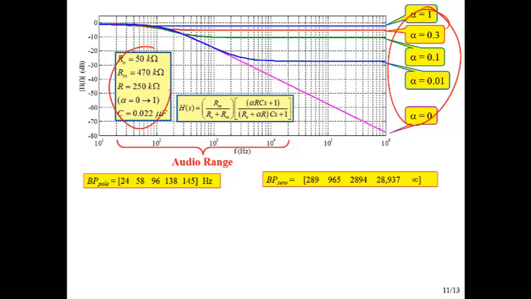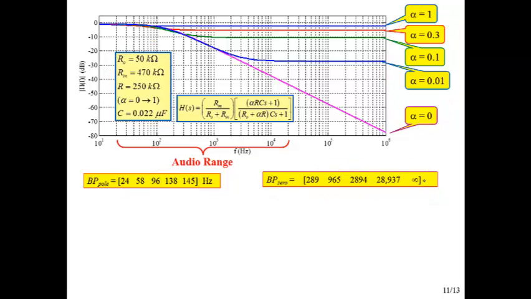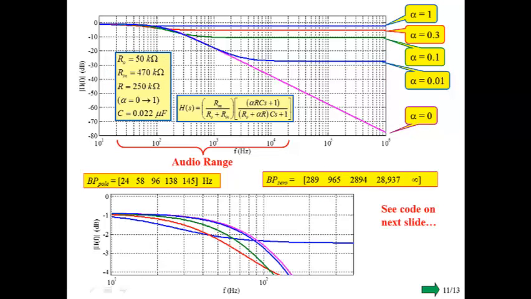And these are the components that I used. I took those out of that textbook, that Electronics for Guitarists book. And you can see that, yes, the pole does actually move up as well, but not nearly as much as the zero moves. So this gives you an idea of how this thing is going to behave.